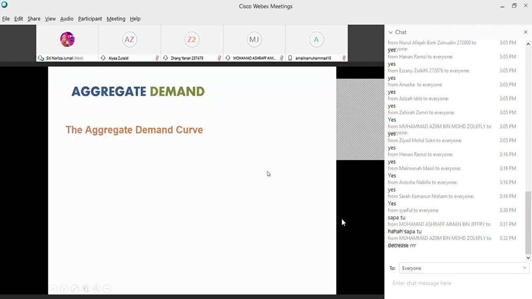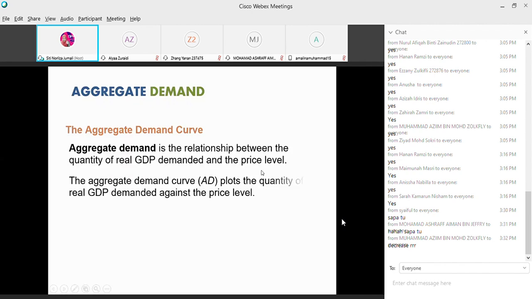So this is just to introduce how the AD curve looks. It is similar to the demand curve we have, which is downward sloping from left to right. We only have one AD. We don't have short run and long run AD.